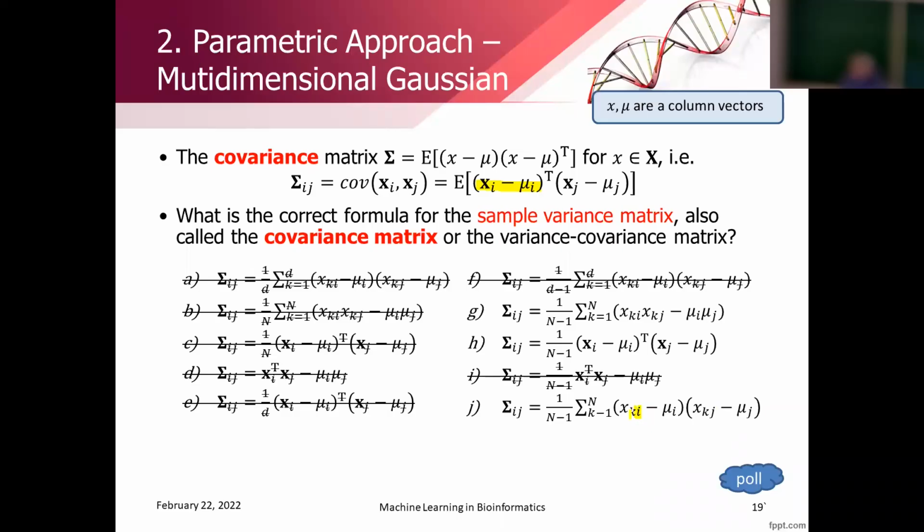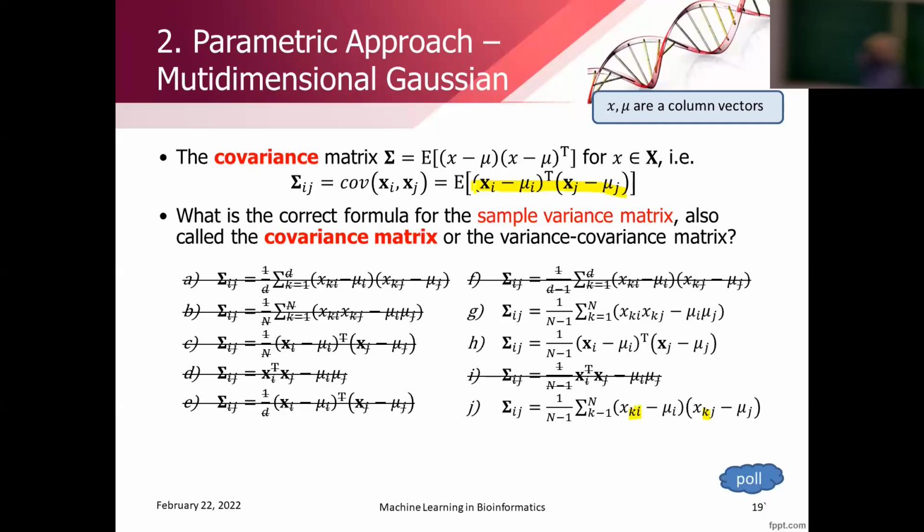We take the observation from the kth observation, the value of the ith attribute minus its mean, times from the kth observation its jth attribute minus its mean. It actually corresponds to this dot product. Why is this a dot product? x i is the column.